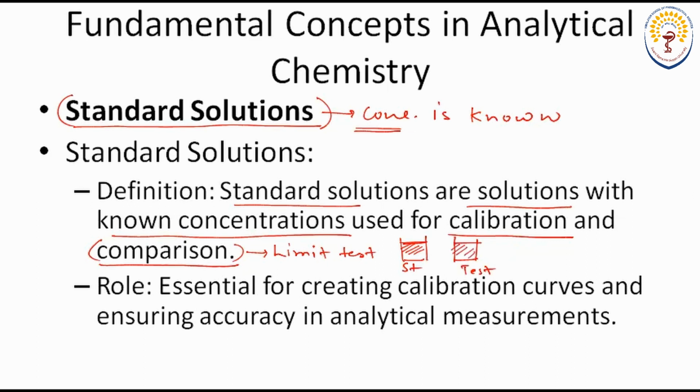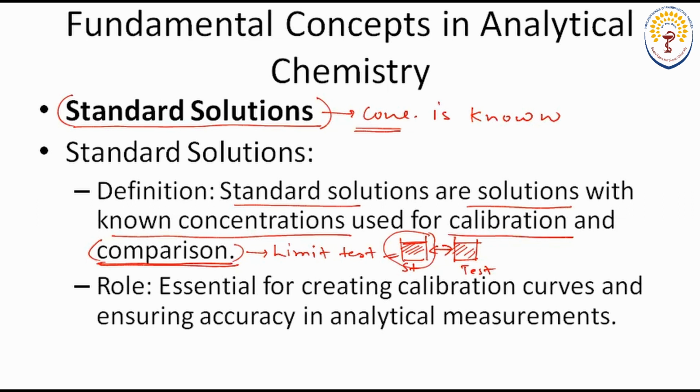A turbidity is produced in both the standard and the test. We compare the turbidity of the standard and the test. The concentration of the sample in the standard is known and it is compared with the test. So that is why its definition includes comparison.